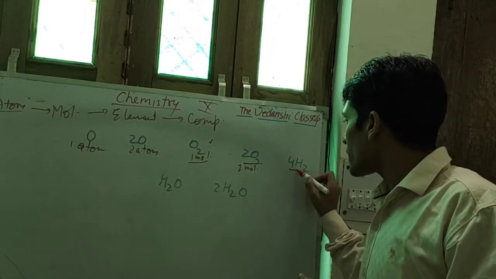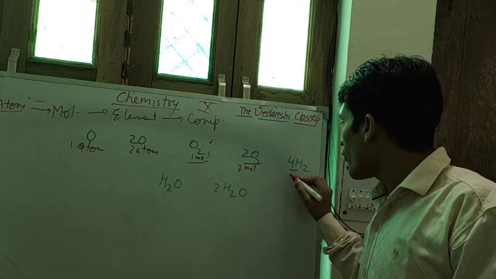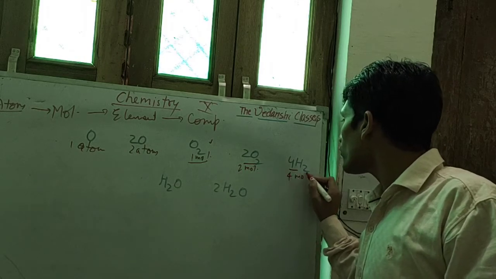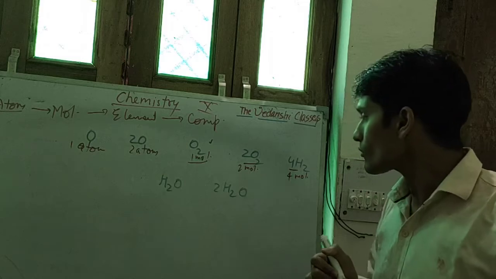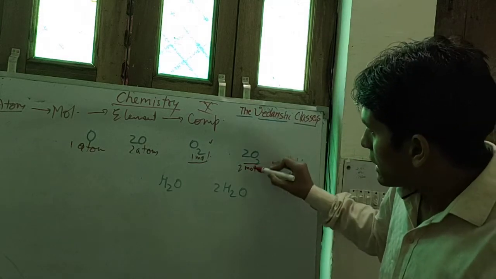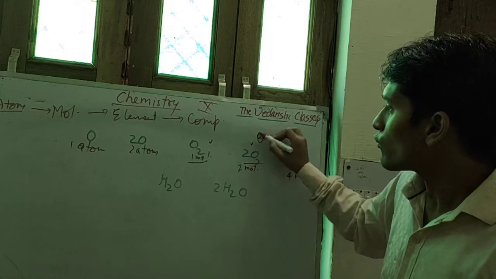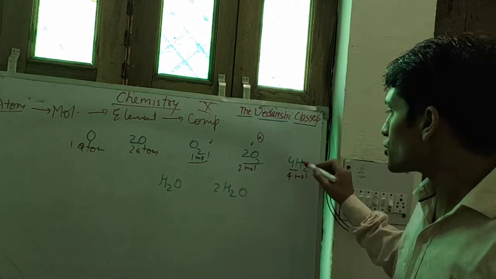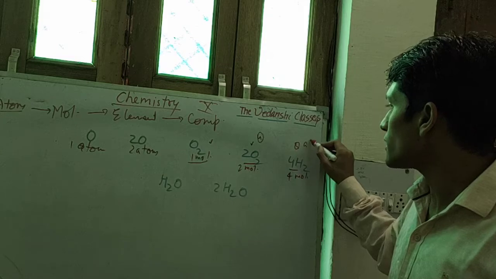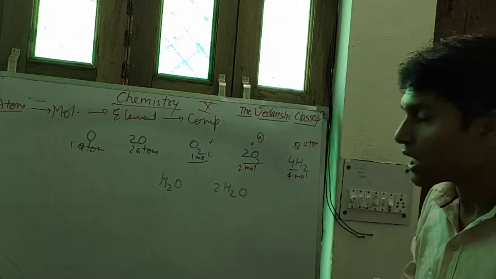If you write 4H2, it represents 4 molecules of hydrogen. In 2 molecules of oxygen, the number of atoms is 2 times 2, that is 4 atoms, and in 4 molecules of hydrogen, 4 times 2 is 8. This is 8 atoms.